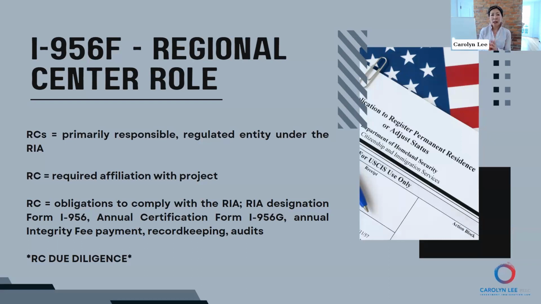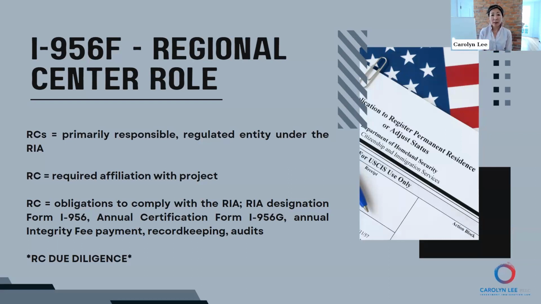Following the litigation, the Bering litigation, regional centers were not required right on the spot to seek redesignation by filing the 956.